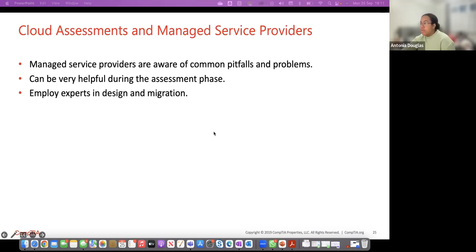MSPs are sometimes called employee experts, whose role is to relate the cloud service design and migration process to your organization's specific needs. Your IT staff may not necessarily have the resources or the mandate with such knowledge.